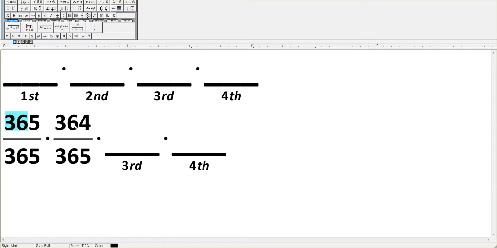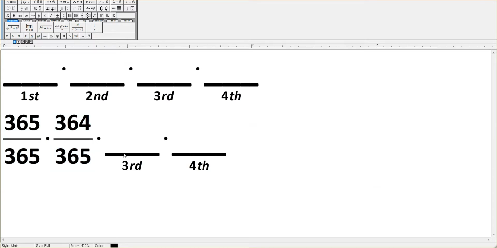And since these are dependent because we want them to be different, forcing them to be different forces a dependency. Whatever the first person's birthday is, let's say May 29th, the next person does not have that day to choose from. All the other days are available, so there's only 364 days available to that next person.